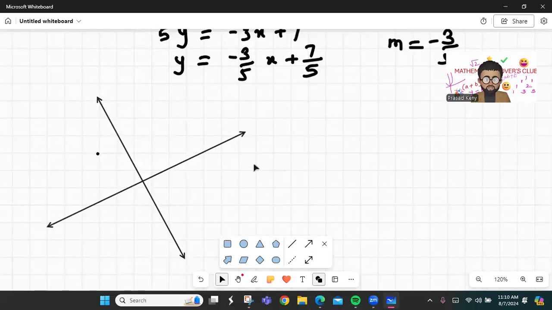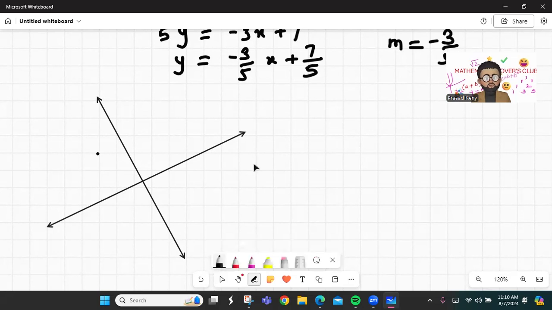And given that both these lines are perpendicular to each other, suppose the gradient of line L1 is say M1 and the gradient of line L2 is say M2. What will be the relationship between the gradients M1 and M2 of the two perpendicular lines? Yes, Jenny, you please tell me.